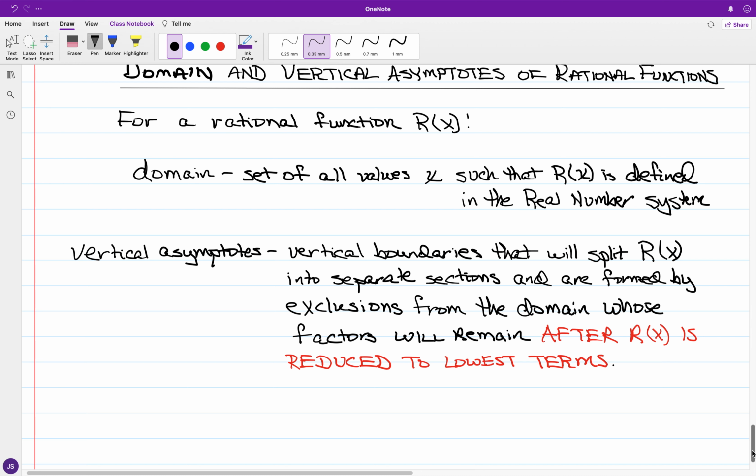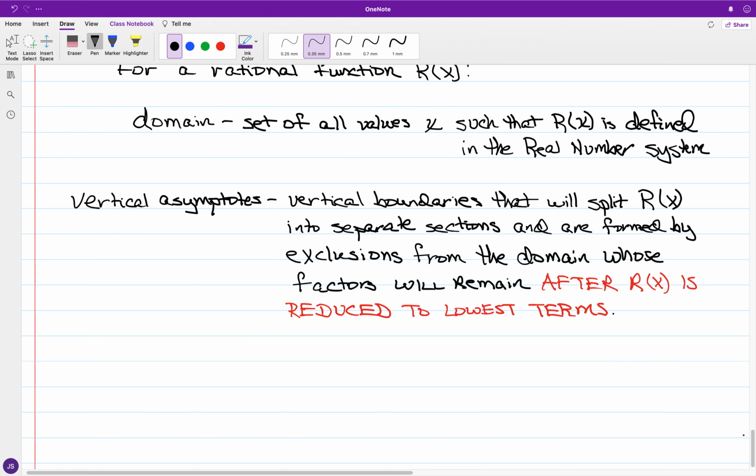And I'll give you just a couple of cases here where we have determining the domain and the vertical asymptotes. I'll give you one rational function that will already be in simplest form and another one that is not quite in simplified form.